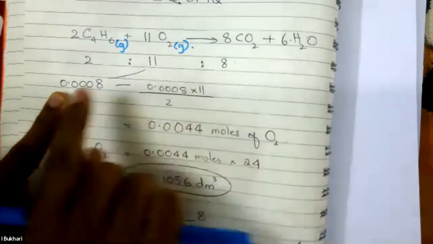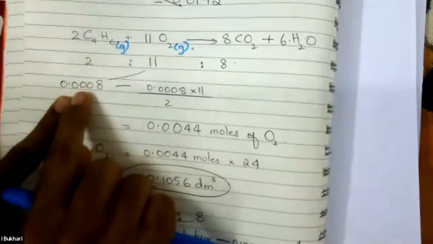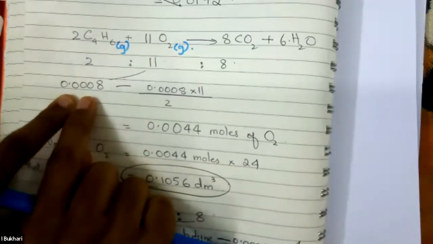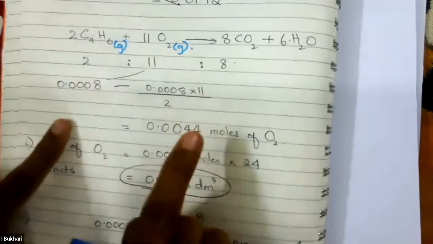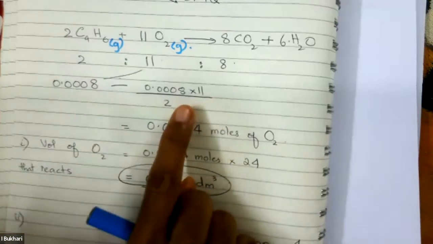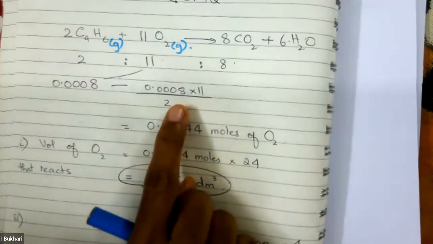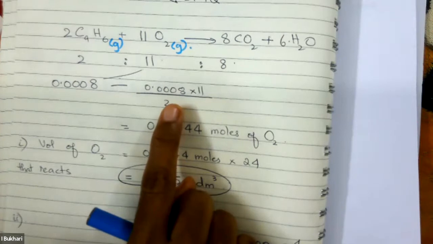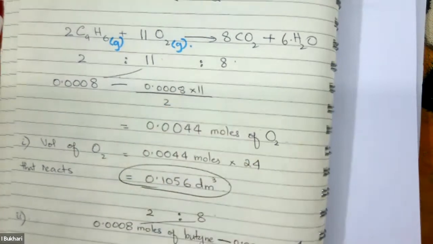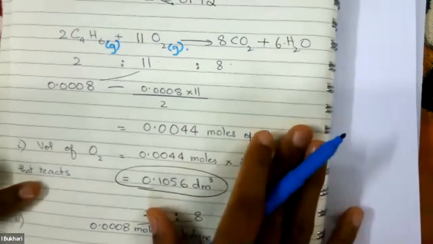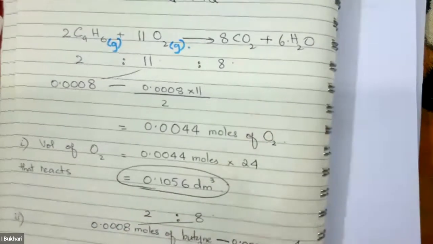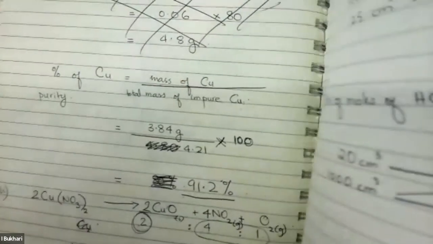But for that we need to first find the number of moles of butane. How can we find that? By dividing its volume, 20 cm cube, divided by 24. But remember that 20 is in centimeter cube, so we'll divide it by 1,000 first.